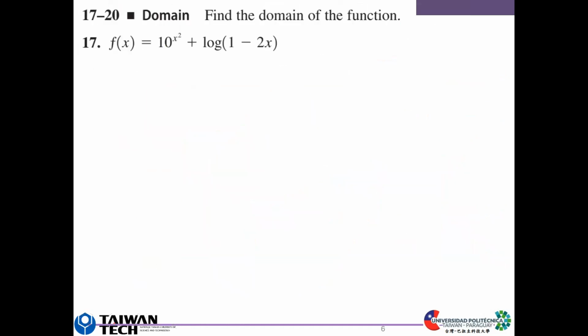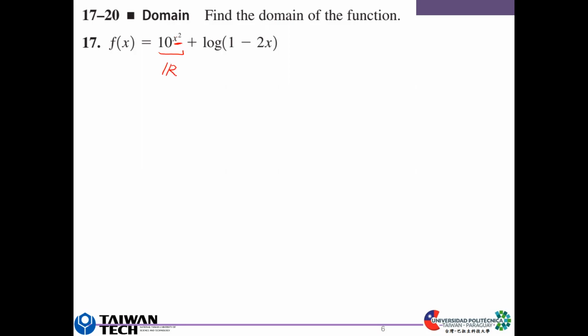The next problem is we want to find the domain of the function. First, x squared is in the power. x could be either a positive or negative value, but x squared is always positive. So the domain for x here is the real numbers.